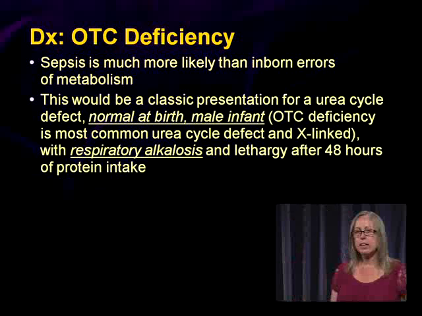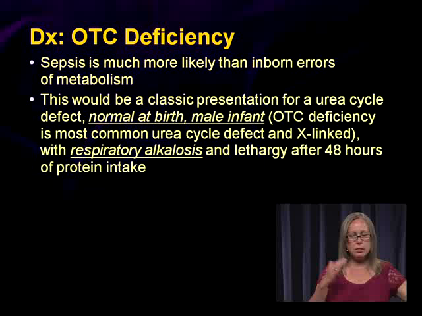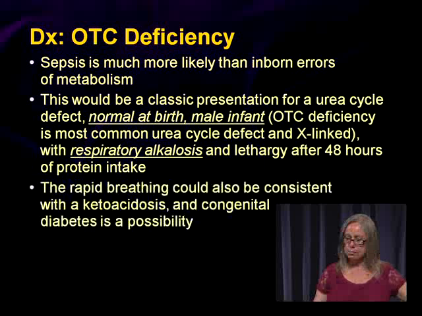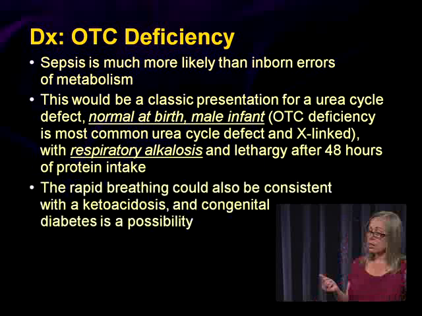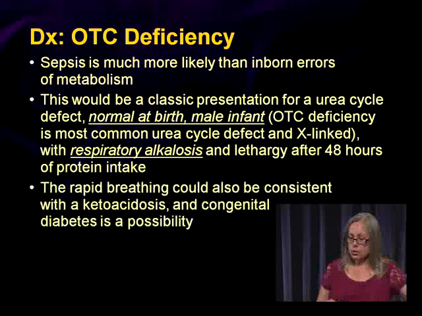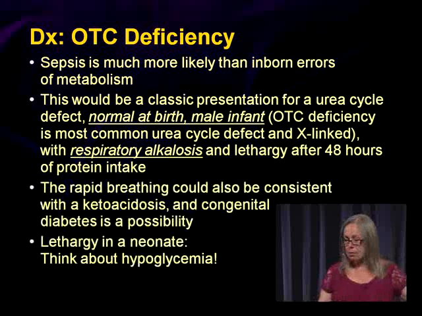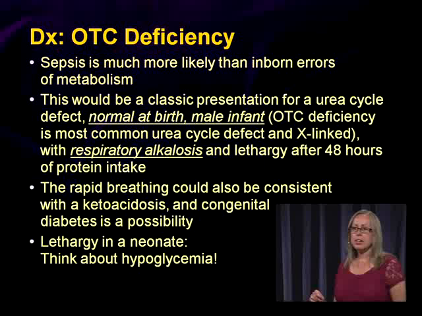So it looked good, and now it's crashing. Rapid breathing can also be consistent with a ketoacidosis, and congenital diabetes is also a possibility. Any lethargy in a neonate, you have to consider hypoglycemia, so you're always pulling a blood sugar.